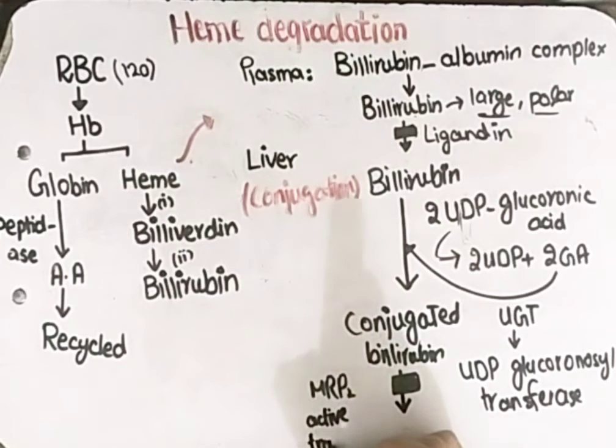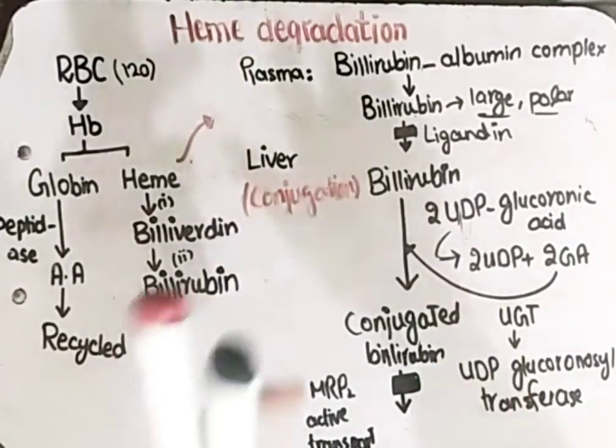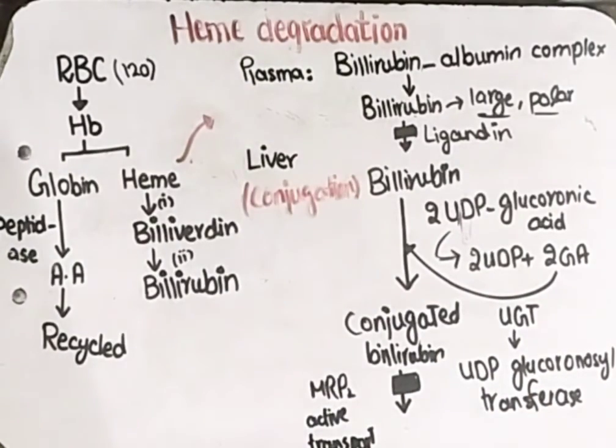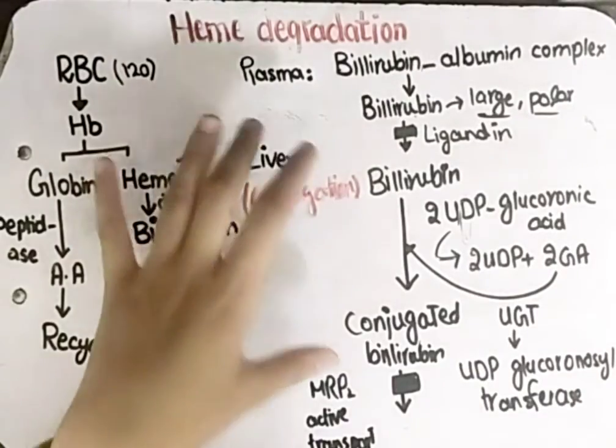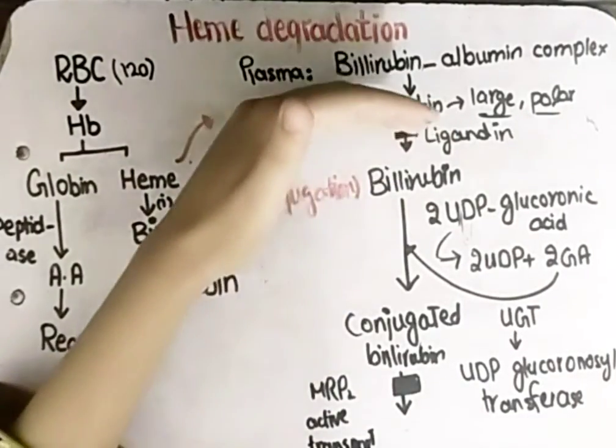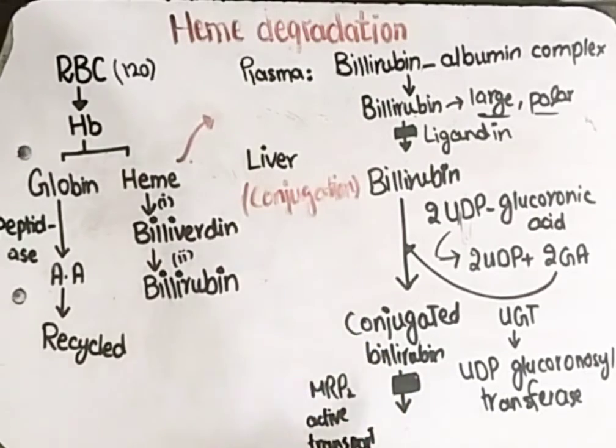Why is it active transport? Because bile always contains conjugated bilirubin. The conjugated bilirubin is already present in bile in excess amount, while the liver contains unconjugated bilirubin, which is converted into conjugated bilirubin. So bile has a higher amount of conjugated bilirubin because it contains only one type of bilirubin, which is conjugated.